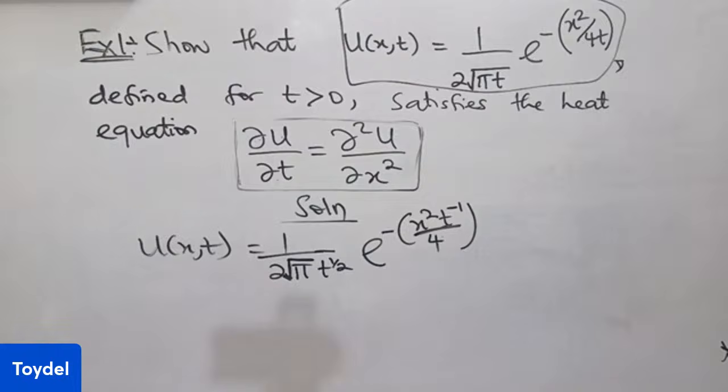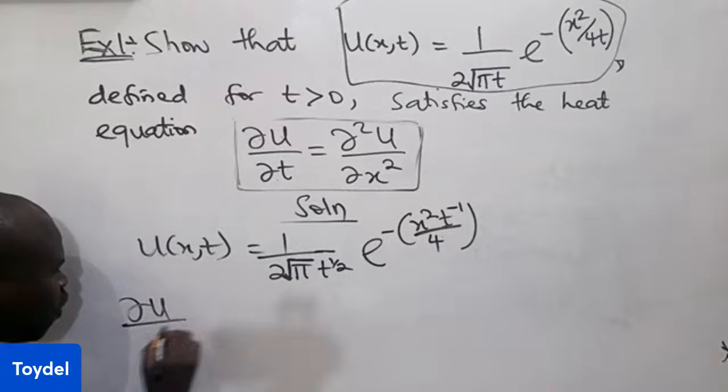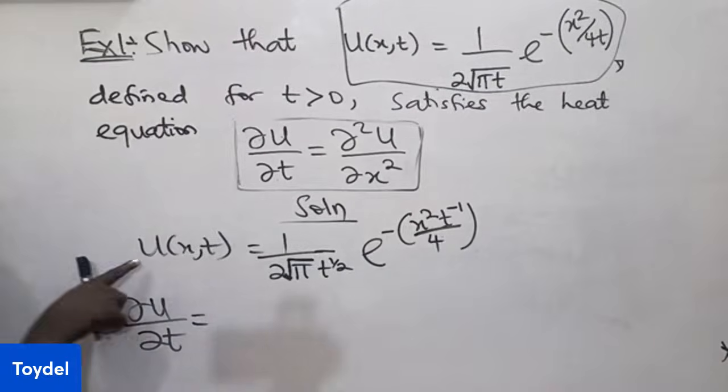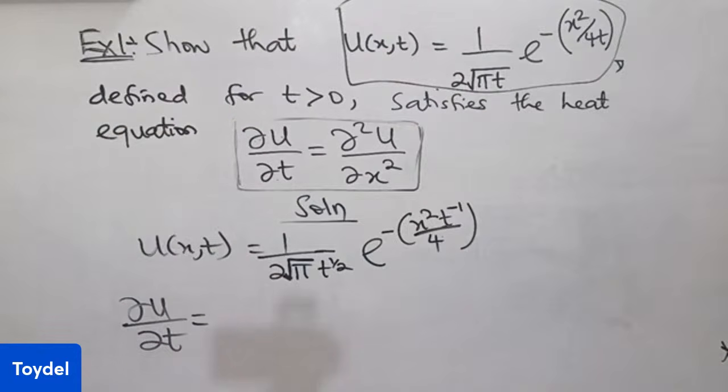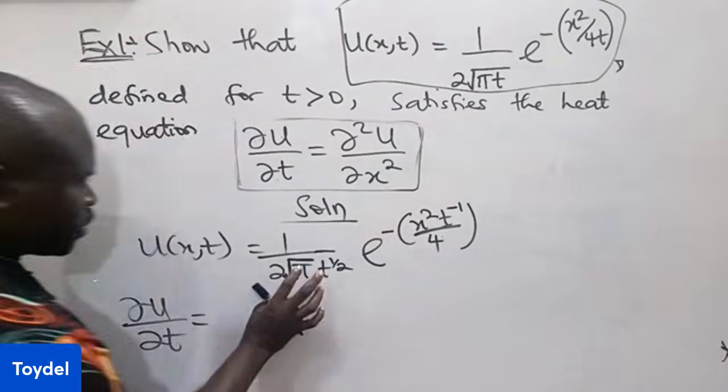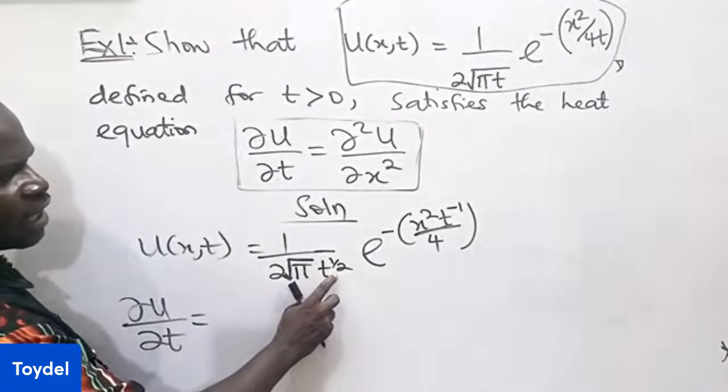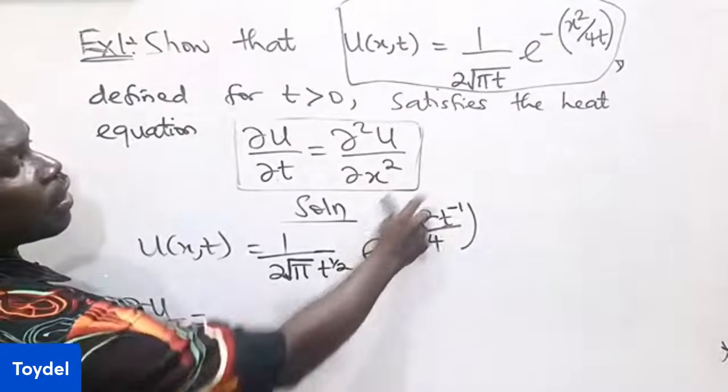So what do we now have? If I take the partial derivative, di u all over di t, that is, if I differentiate u partially with respect to t, what am I going to get? Of course, we are going to apply the product rule here because we have t here, and we also have t in the power of the exponent.